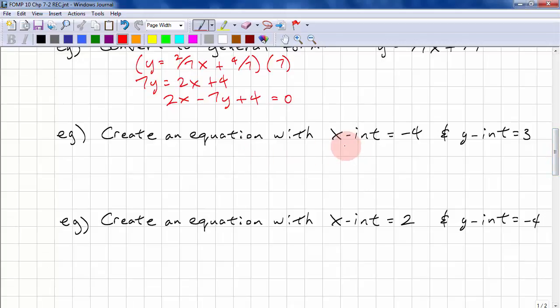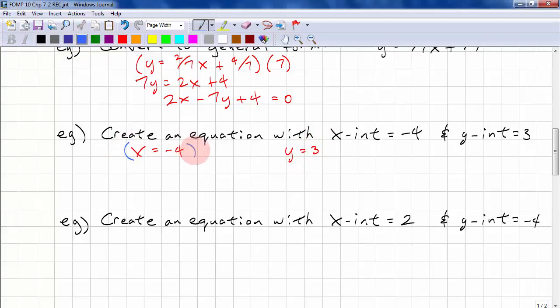Create an equation with x-intercept equal to negative 4 and a y-intercept of 3. So what do we have to do here? This is like a common denominator problem. We have x equals negative 4. We have y equals 3.